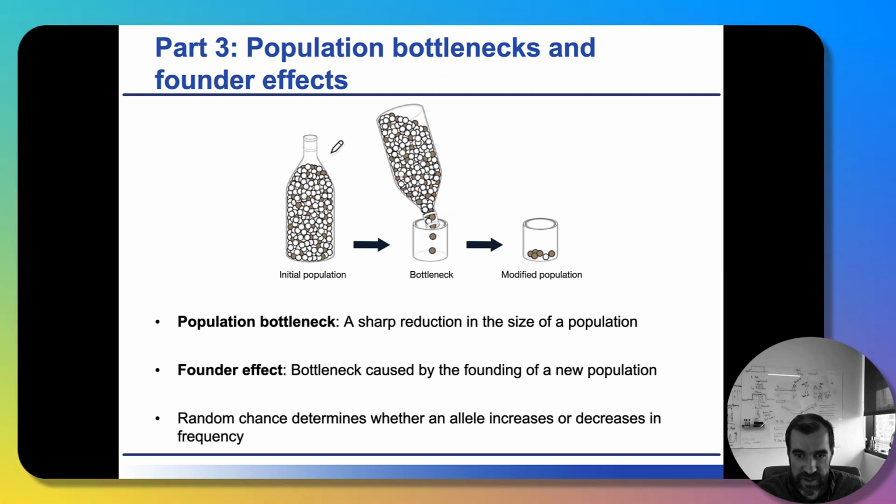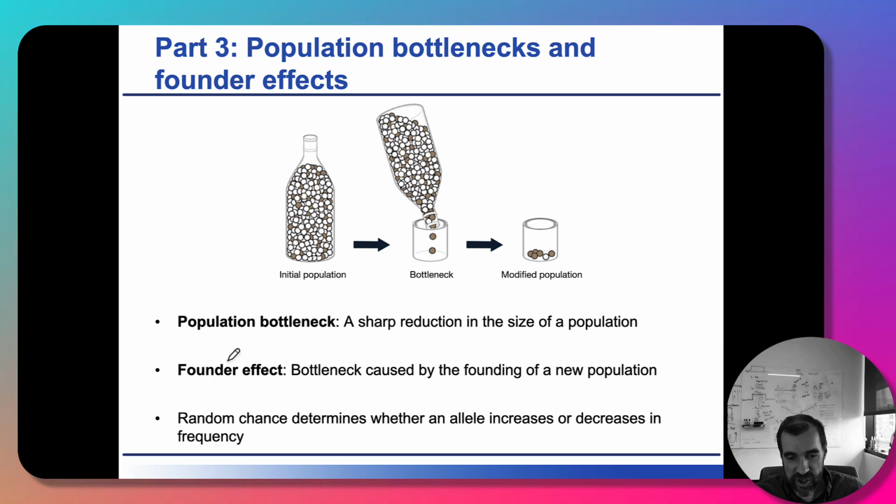Population effects also include bottlenecking, a sharp reduction in the size of a population. This is also related to the founder effect. A bottleneck can occur where you have a large number of people already living, but then there's some sort of catastrophic event where 95% of the people die and 5% are left to carry on and repopulate their current place.